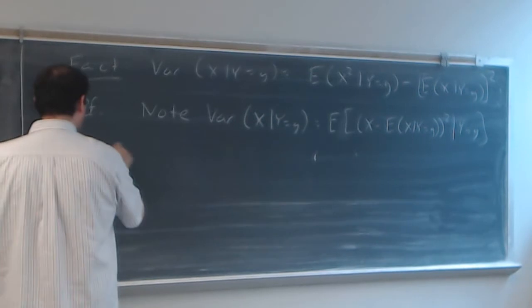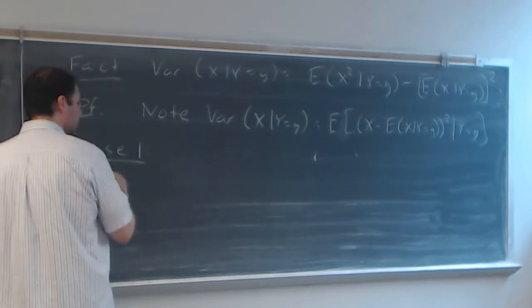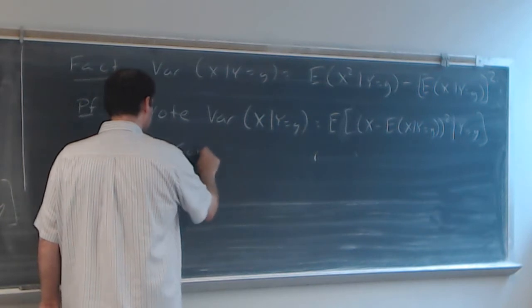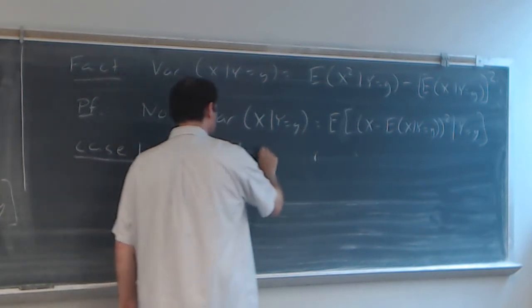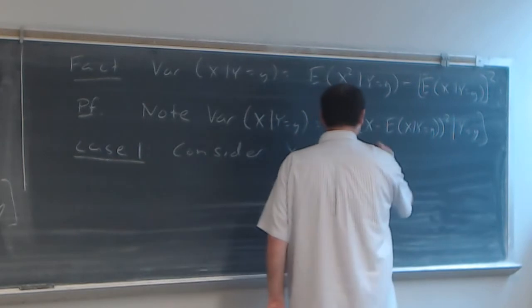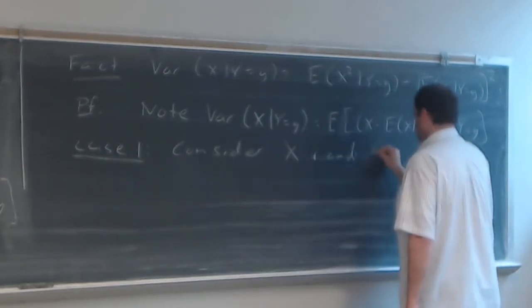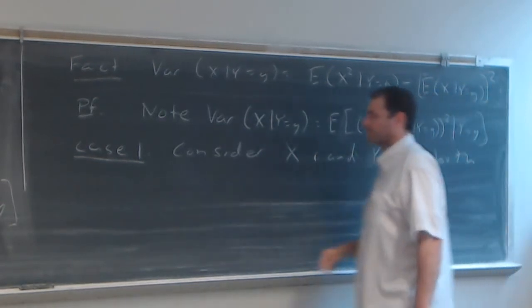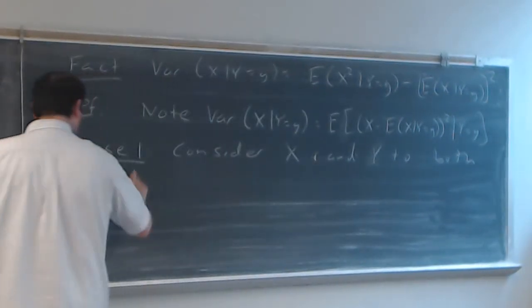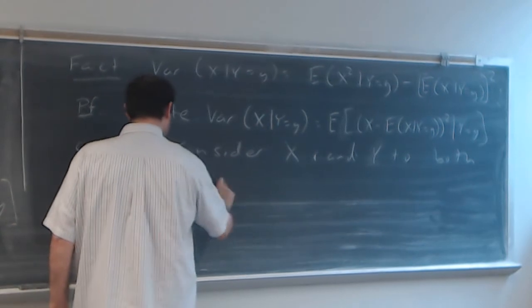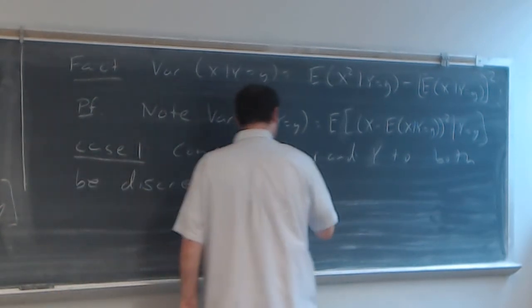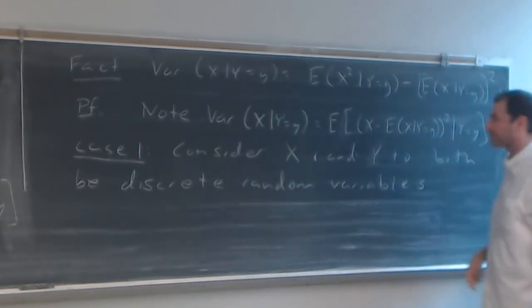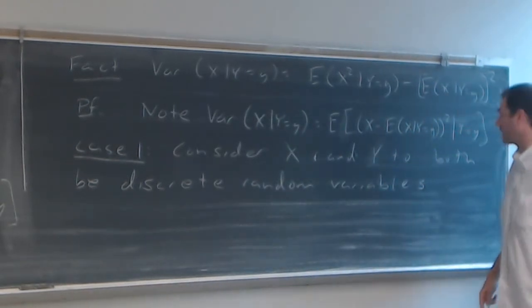So case 1 is where x and y are both discrete random variables. Okay.